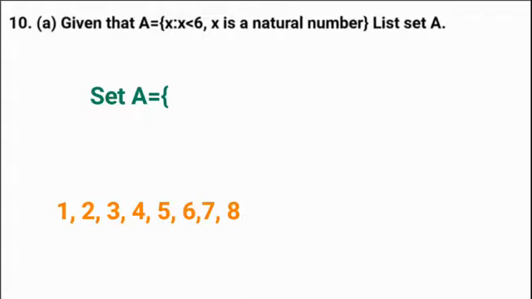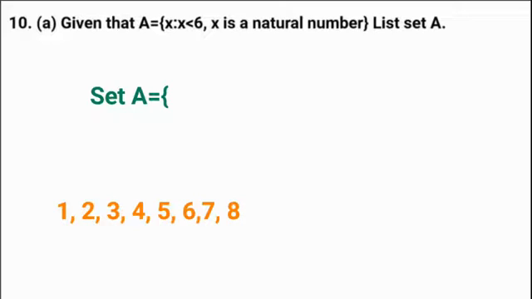Now when we go to the set builder notation given, we are told that set A is equal to x such that x is less than 6 and x is a natural number. So the natural numbers must be less than 6.